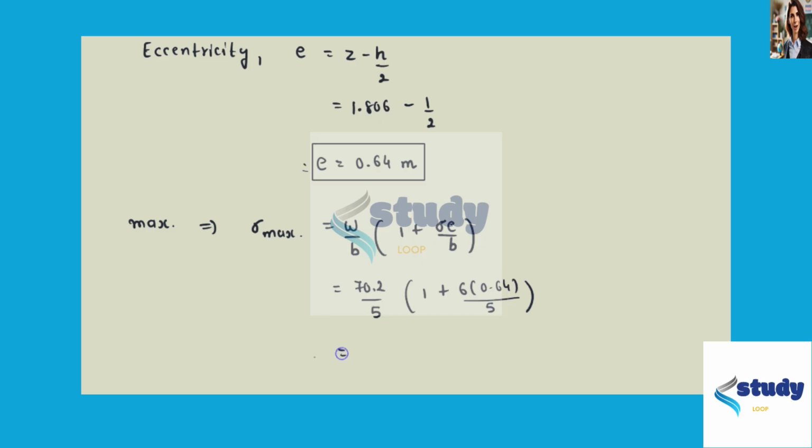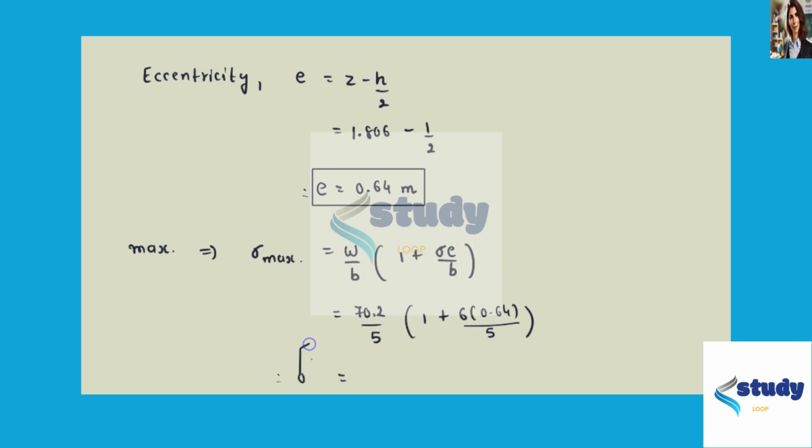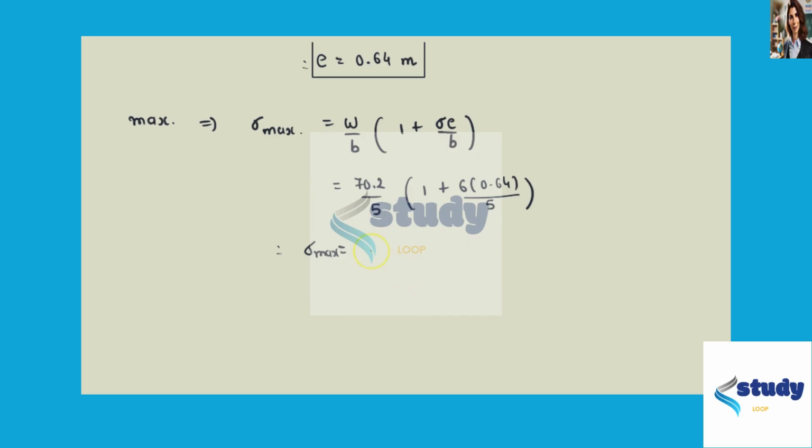So we get the maximum stress, sigma max, equal to 117.5 kilonewton per meter square. This is the first answer, the maximum stress.